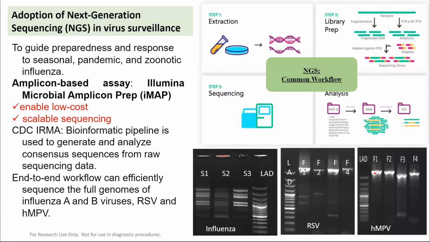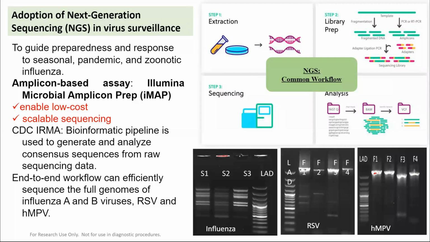So we quickly adopted this COVISEQ protocol to monitor influenza, RSV and HMPV viruses, influenza mainly because of its seasonal and pandemic potential, and we have to keep an eye on what kind of clade is in circulation for influenza viruses.